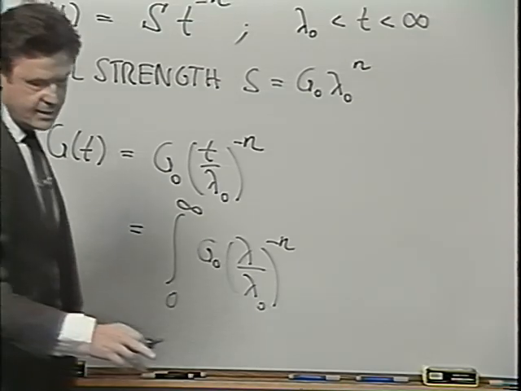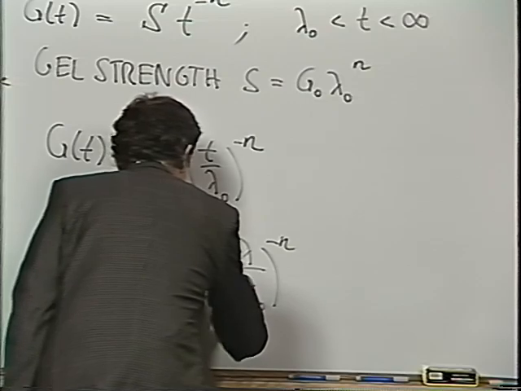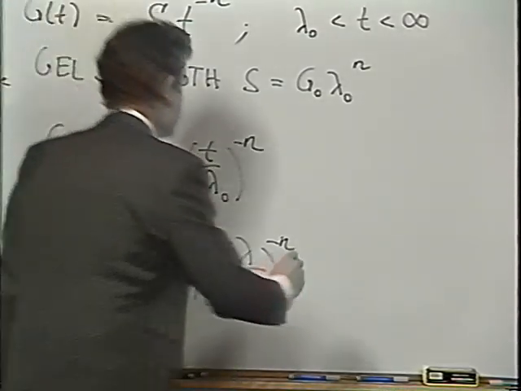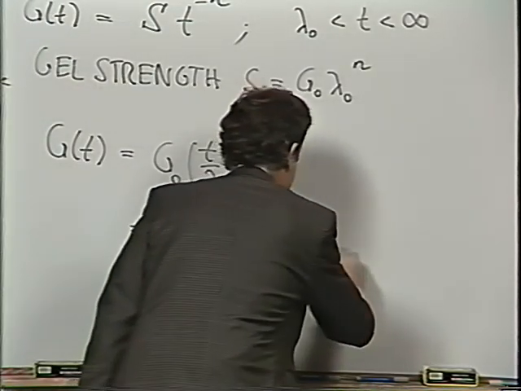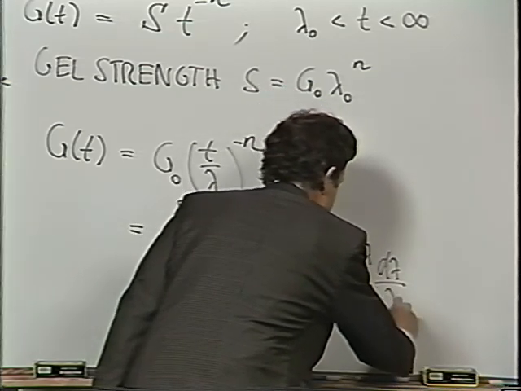And we accommodate the gamma function, 1 over the gamma function, times e to the minus t over lambda d lambda over lambda.